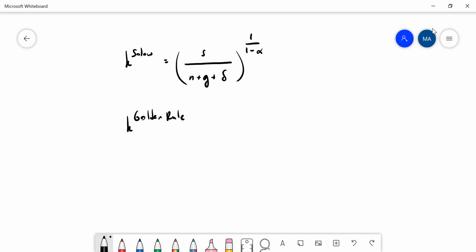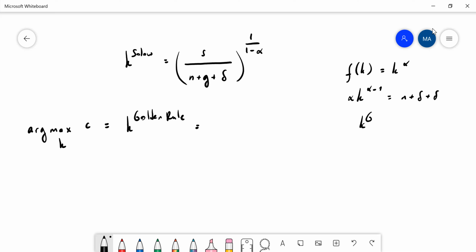And then there is also this golden rule path, golden rule steady state. This is called golden rule, all right? So this is the one that maximizes consumption, okay? And this is equal to, so if I have f of k equals k to the alpha, I have alpha k to the alpha minus 1 equals n plus g plus delta, right?